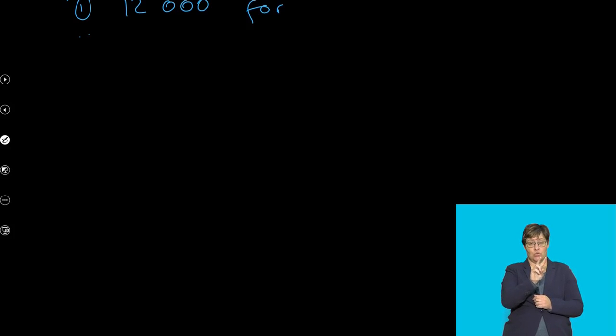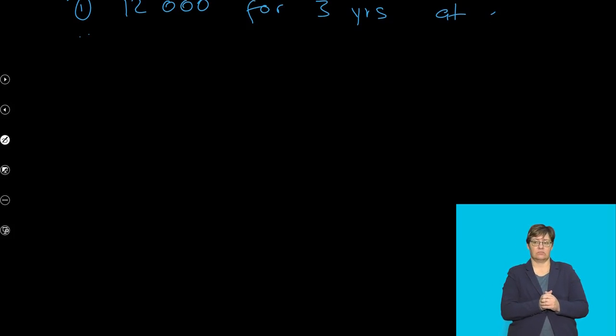Right? So firstly, what you would do is you would say the first calculation will be 12,000 for 3 years, right? So you'd find that, and this is at 8.8%, right?